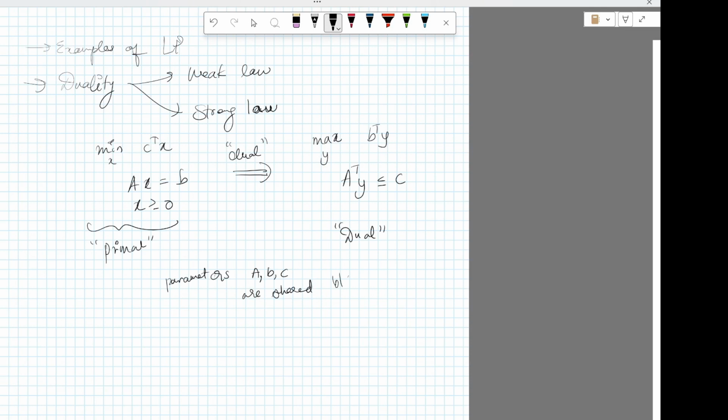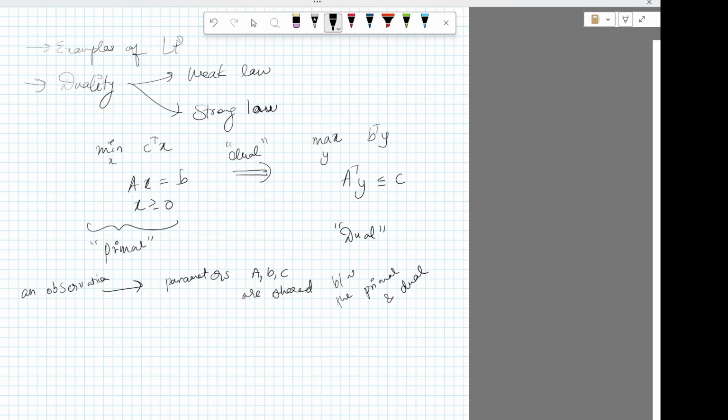This is an observation between the primal and dual. Okay, but why is this an interesting thing? How did we get this dual? Why is it important? It's important because there are two interesting properties, the weak law and strong law.